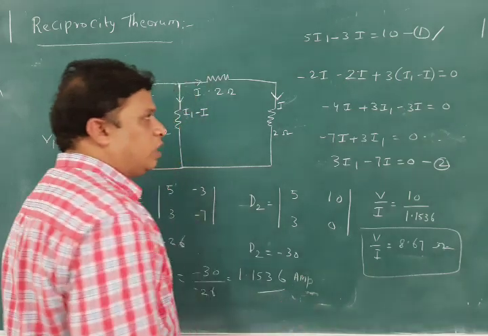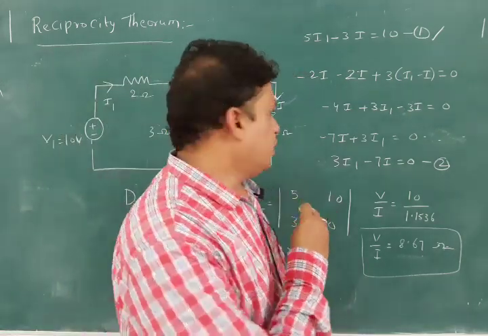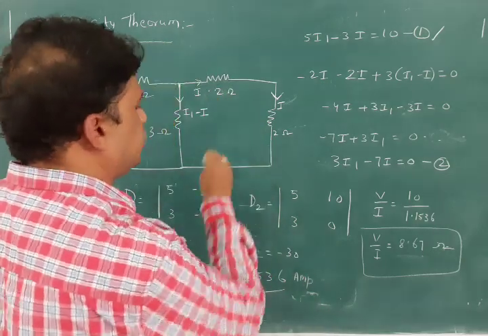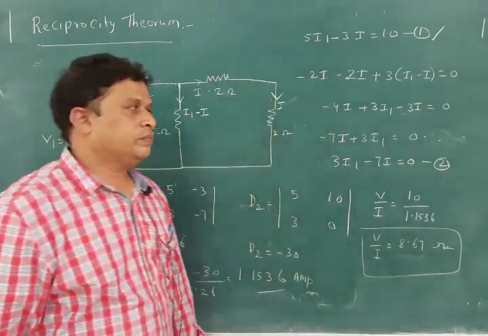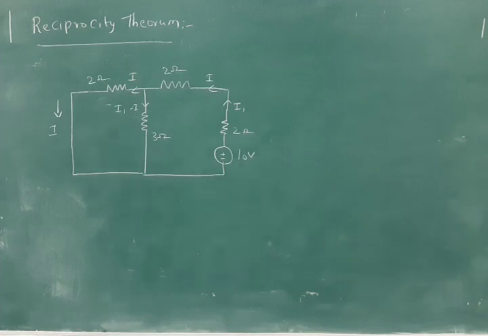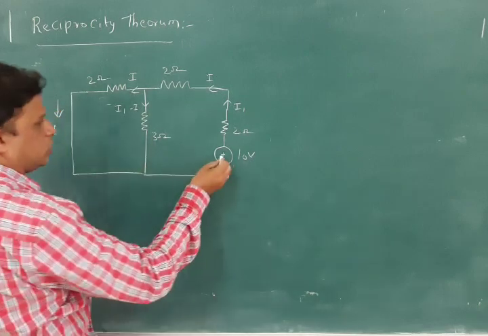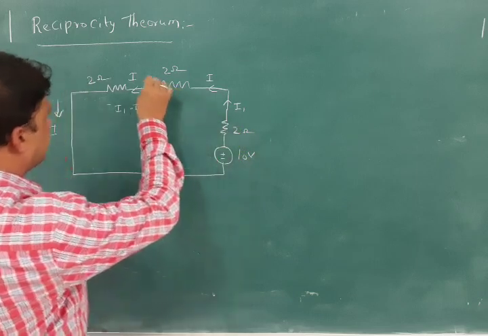Now we will go to the circuit with the second loop. Onto the second loop side the voltage is shifted, and we will see how the equivalence changes and how this ratio will be the same. Now we are seeing this particular circuit with the voltage source shifted here and 2 ohms, and the remaining circuit is the same.